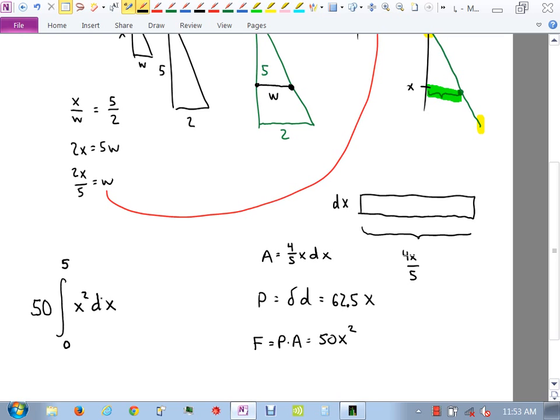But 0, 5, we should get 2,083.3 pounds applied on the entire thing.